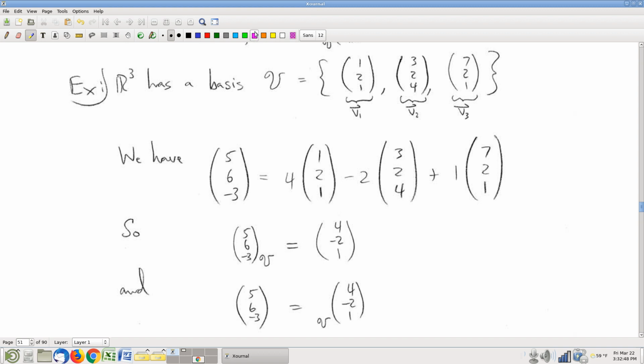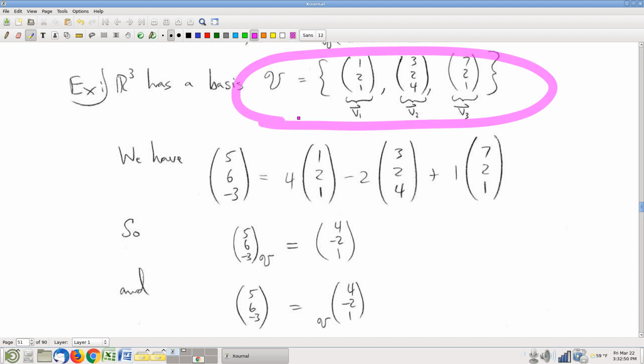So here's what we're doing. We have this basis. We're going to write vectors in terms of coordinates with respect to that basis. Here's a vector. You can check for yourself that it's this linear combination of those basis vectors. Multiply it out. Okay. And so two ways to say that.